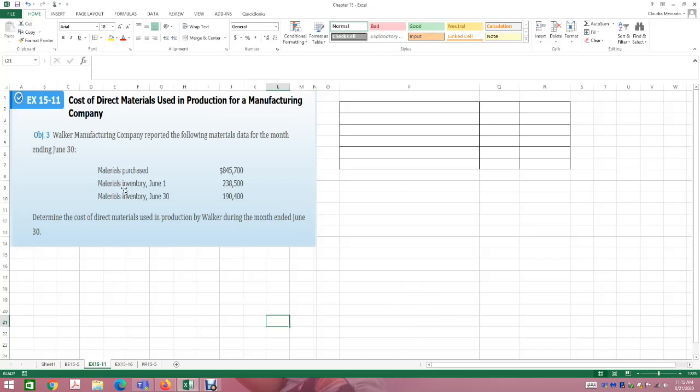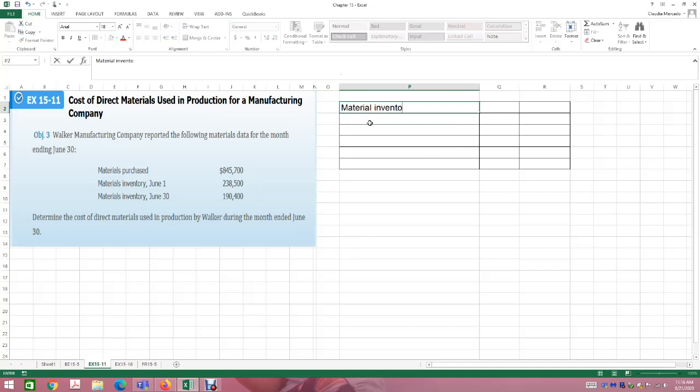They have materials inventory as of the beginning of the month of $238,500. That means that they have materials left over from last month to this month. As of June the 1st, I have raw materials in my warehouse of $238,500. That's going to be my starting point, my materials inventory.